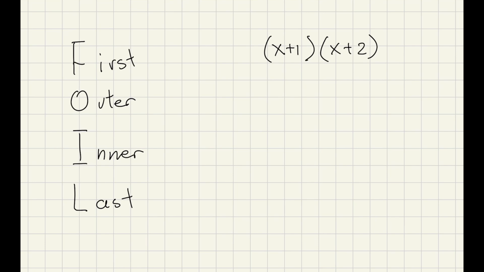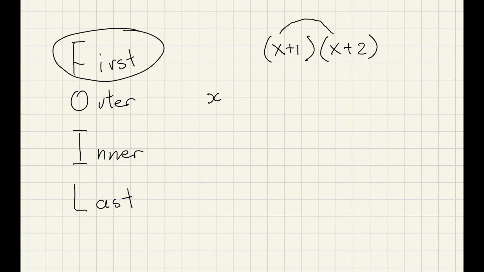So there are faster ways to do this. One of them is called FOIL, which stands for first, outer, inner, and last. What do I mean by this? Let's multiply x plus 1 times x plus 2, just like last time. So the way FOIL works is it's 4 operations when you're multiplying a binomial. You're going to take the first, and you're going to multiply the first of both brackets.